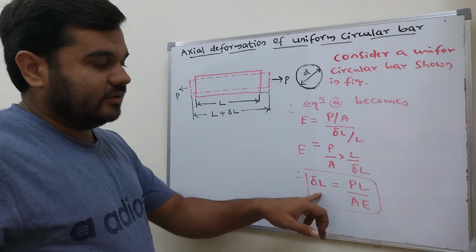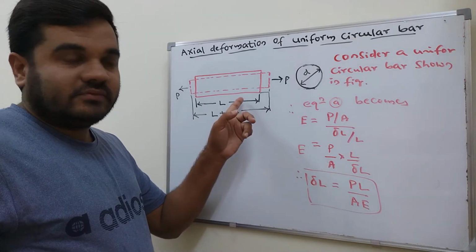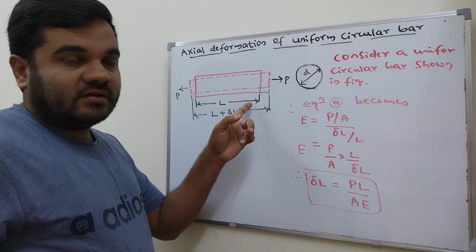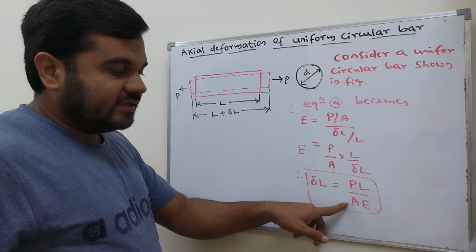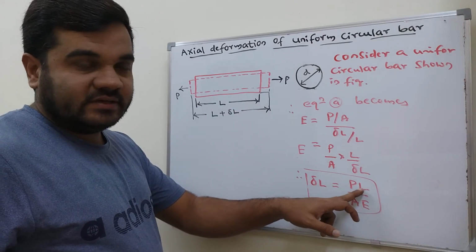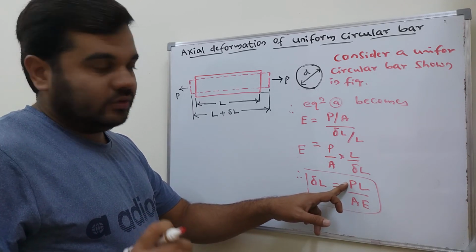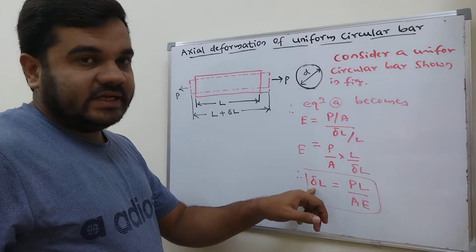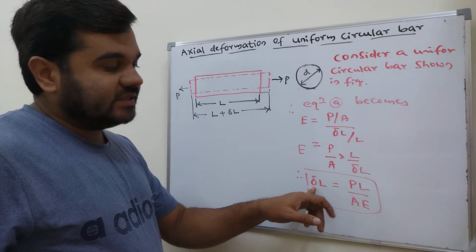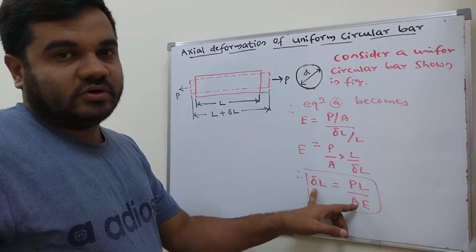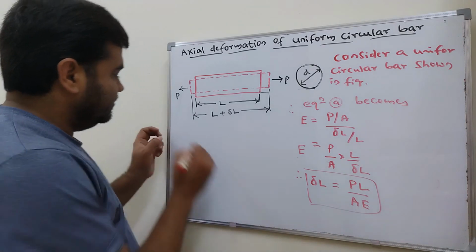So this is the final conclusion. For the given circular bar, the area is constant, the length is constant, and the applied load is also constant, the change in length, whatever the deformation is, is inversely proportional to Young's modulus.